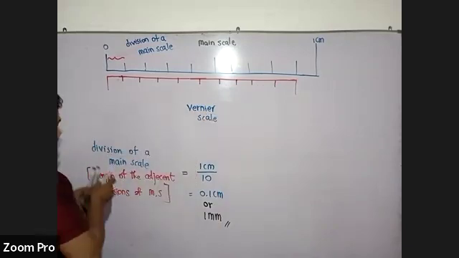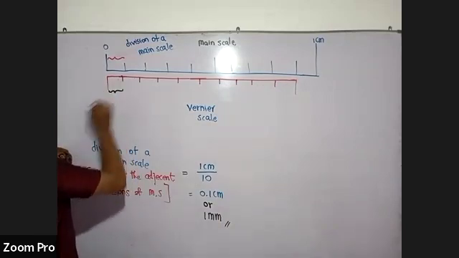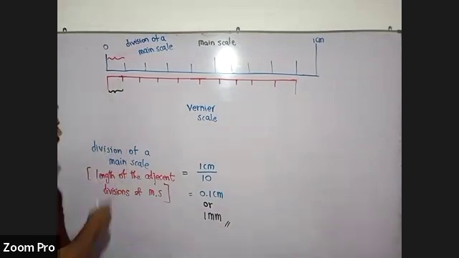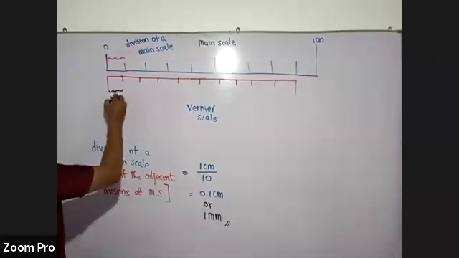The division of the Vernier scale is represented as y, right?